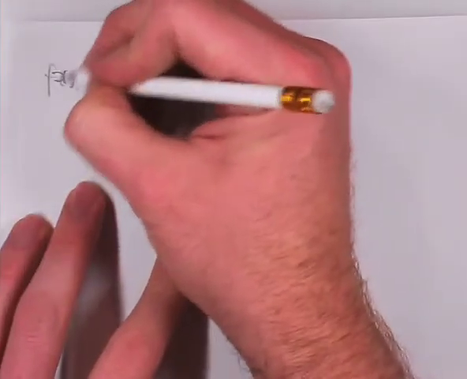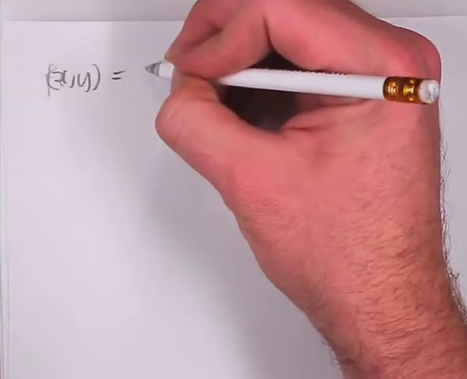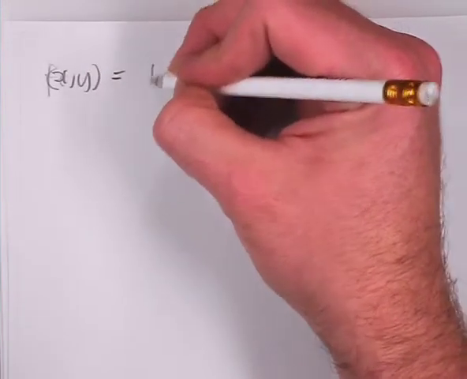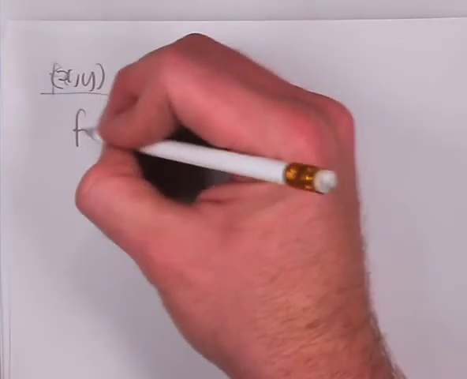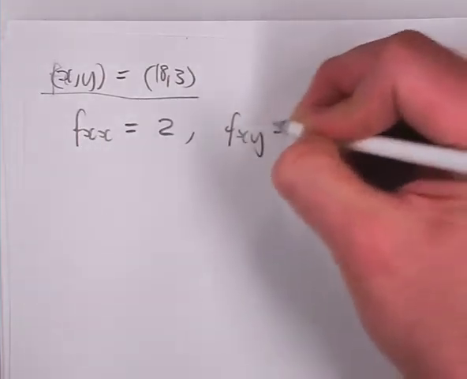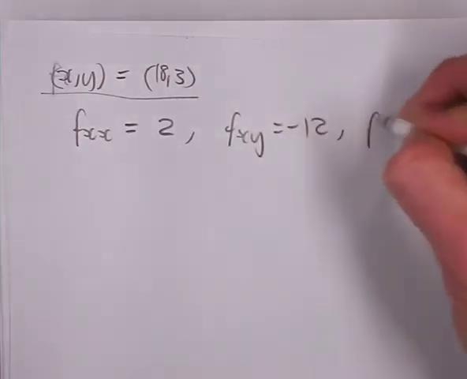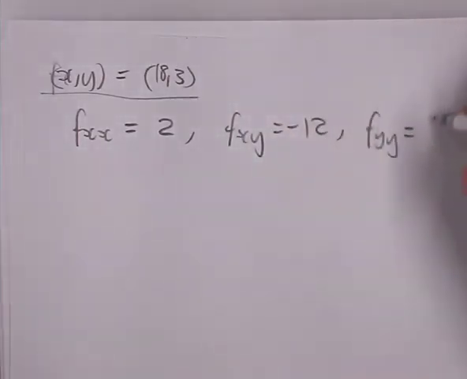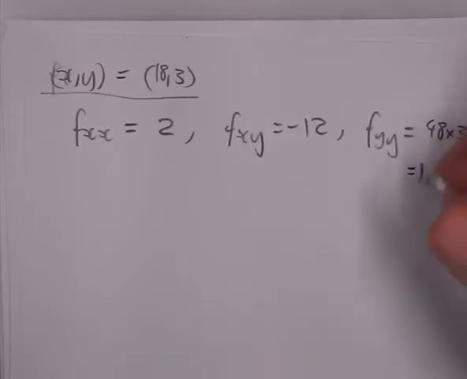So when x and y are equal to 18, 3, it's 144.